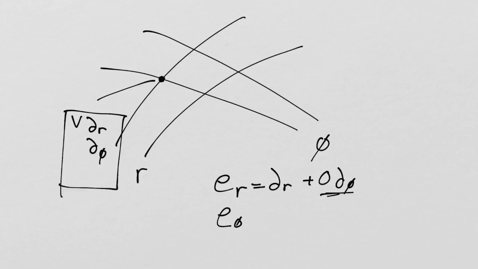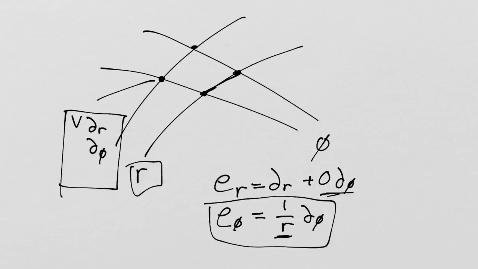But then I'm going to create E phi, which is going to be 1 over r partial phi. So this leading factor changes depending on what point you're on, because it depends on the coordinate r. So this guy is definitely not the coordinate basis vector because it's not simply partial phi.